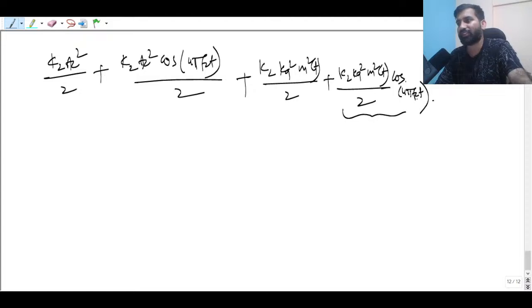This part will be rejected also because this is 4 pi fct, this is 4 pi fct.